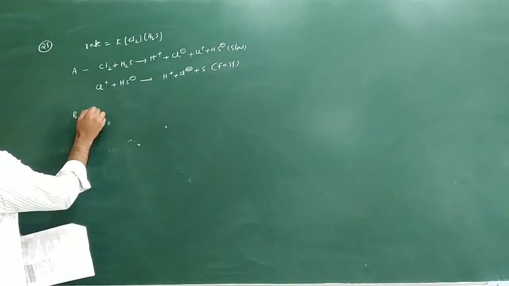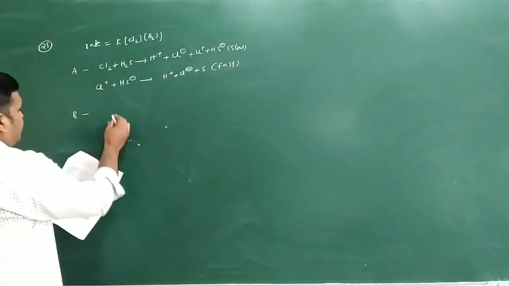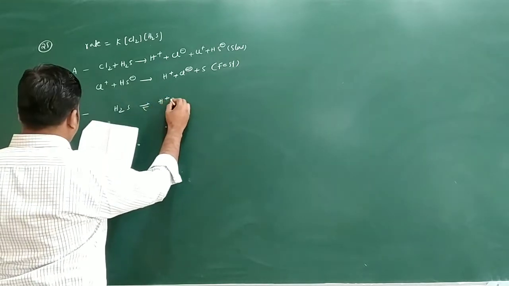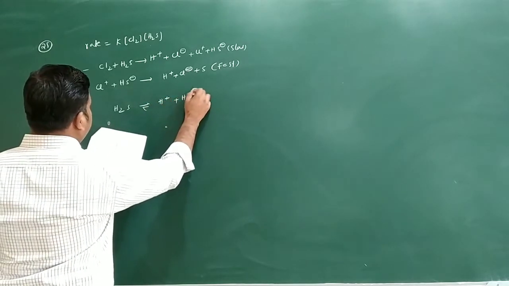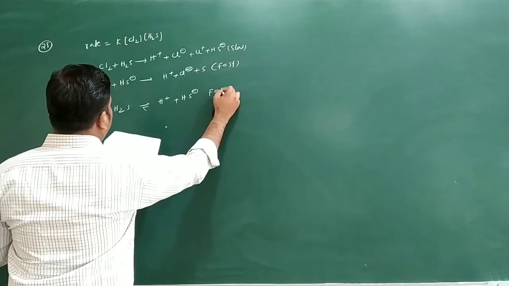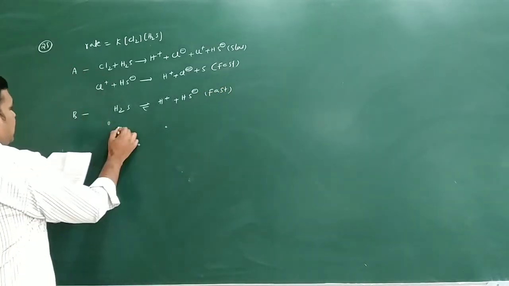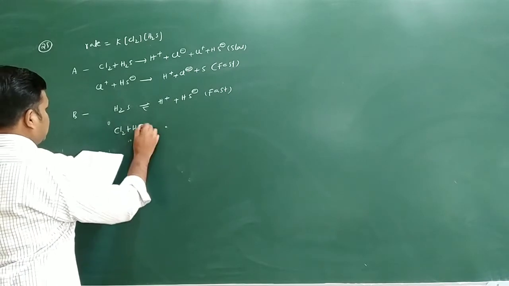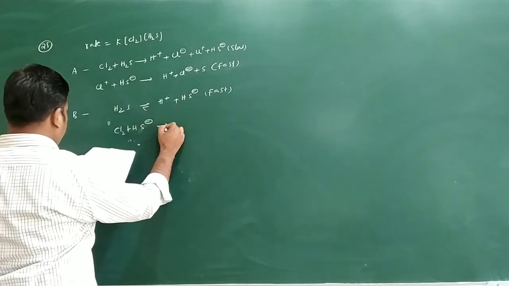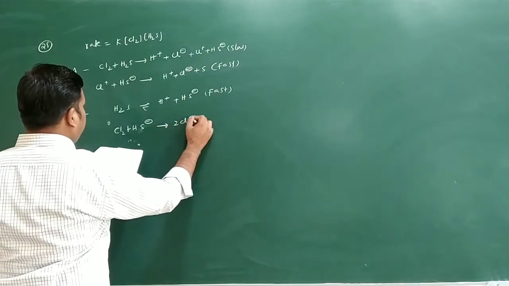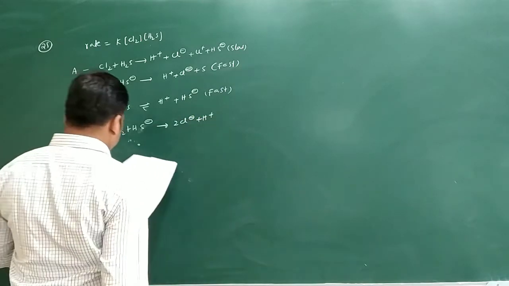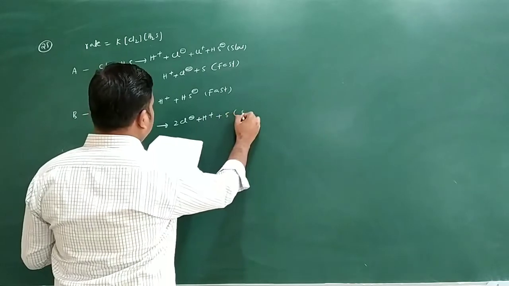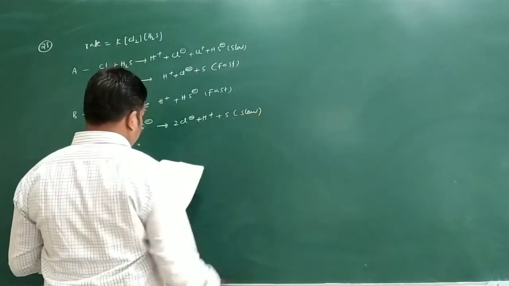Now B: H2S reversibly gives H+ + HS-. This is the fast equilibrium. And the second one is Cl2 + HS- gives 2Cl- + H+ + sulfur. This is the slow step.